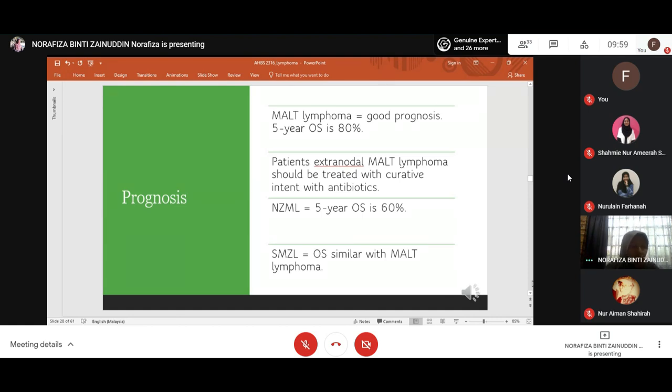And those with aggressive transformation somehow have a worse OS than those with marginal zone lymphomas, with a reported 5-year OS closer to 60%. So the difference in OS is likely due to biological differences between the two types. Okay, although precise differences need further elucidation.